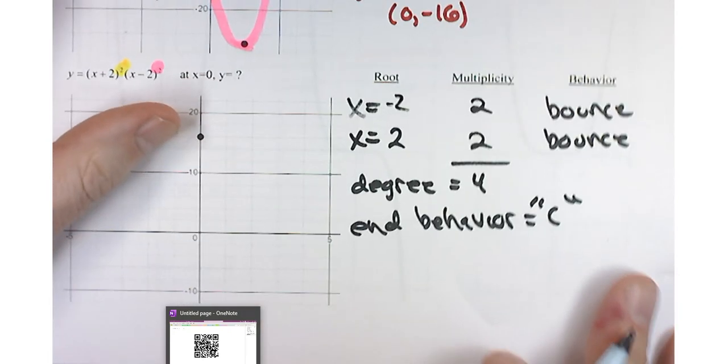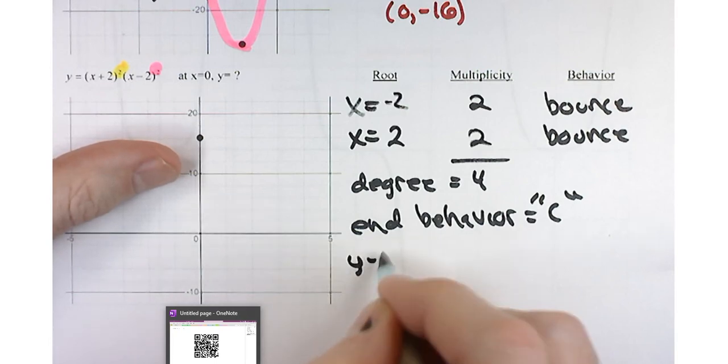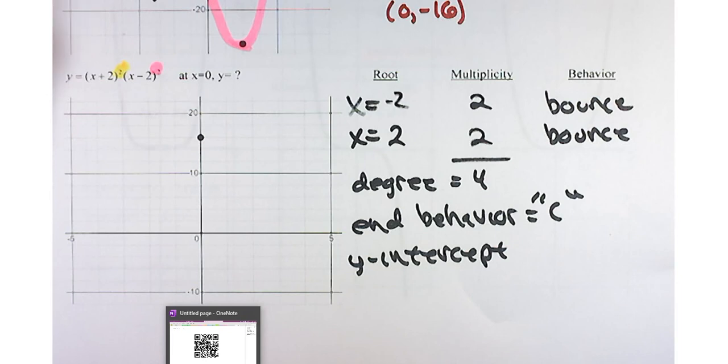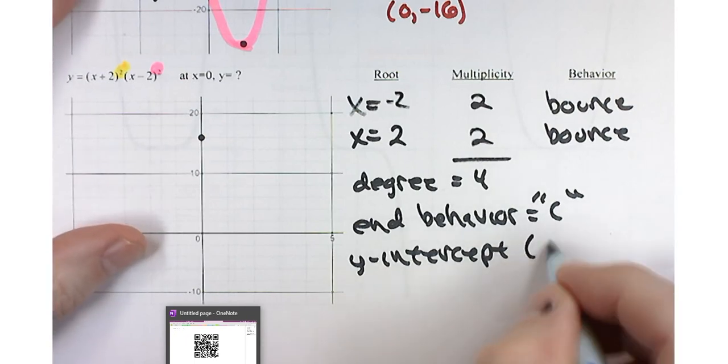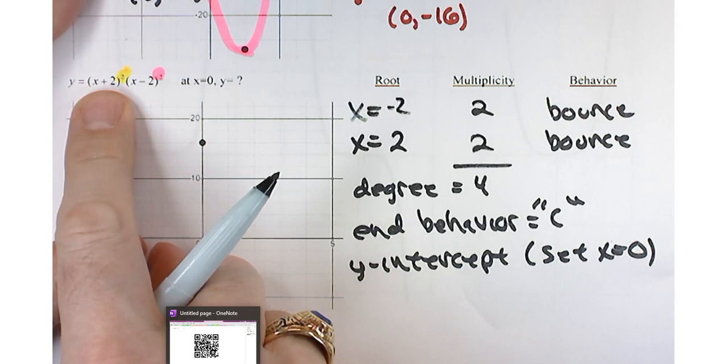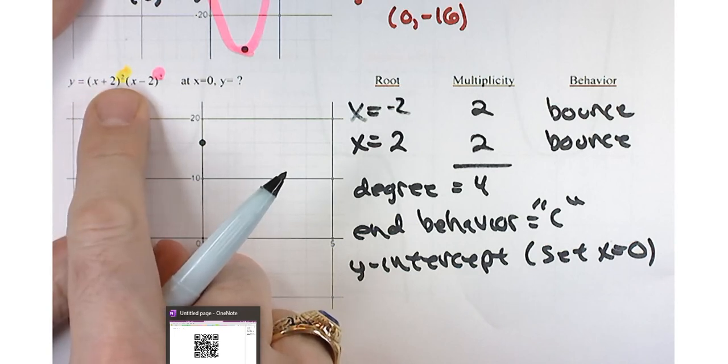Let's determine the y-intercept. Caitlin, how do I determine the y-intercept? You put in 0 for x. Can you do that in your head? It's 16. Yes.